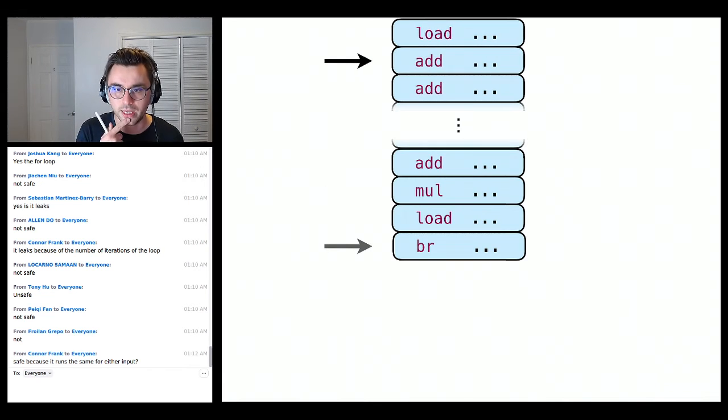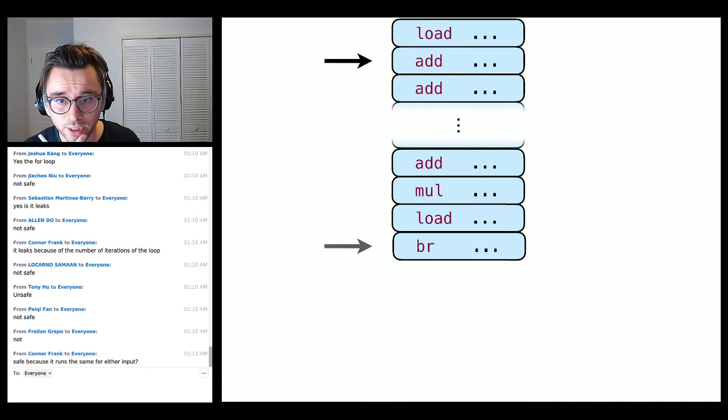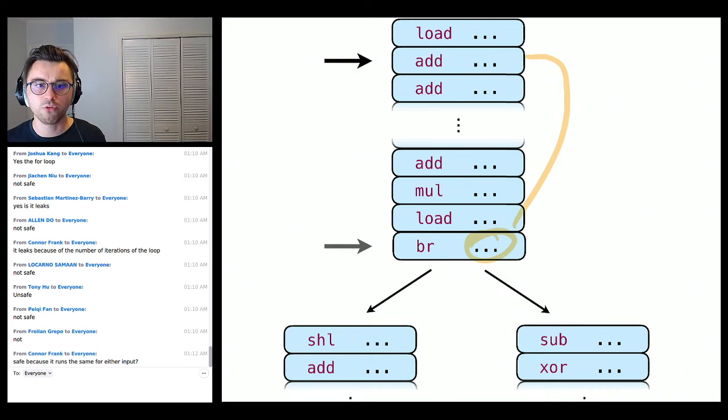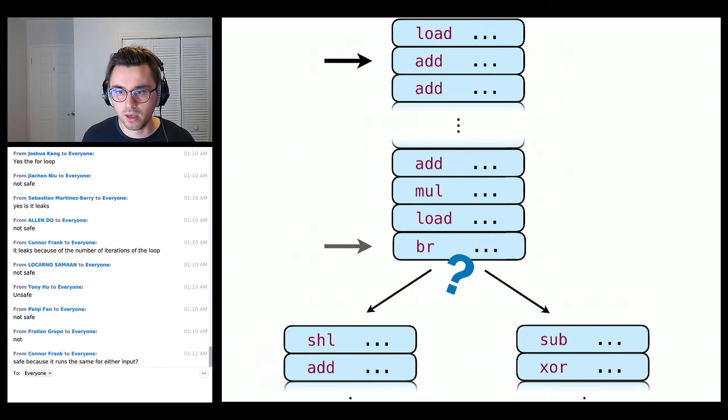Now, the interesting bit is what happens when I get to a branch. I get to a branch instruction, and then I can go left or right. Instead of waiting to figure out what this branch depends on, which might depend on some instruction from here, and might take a while, what do I do?